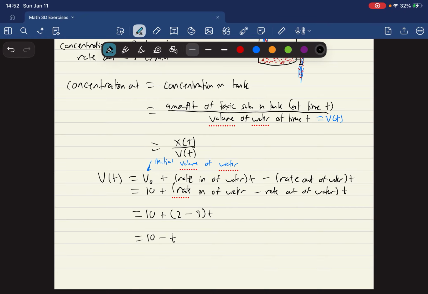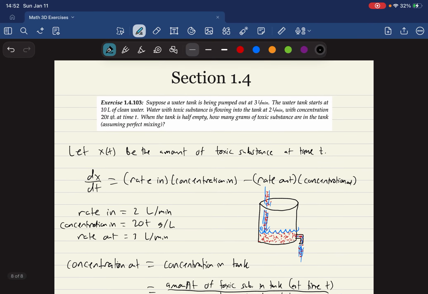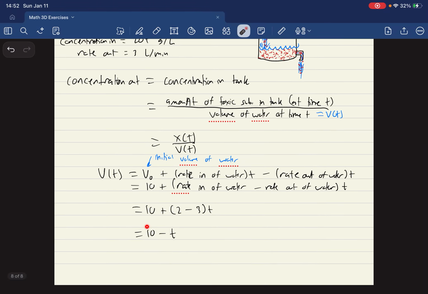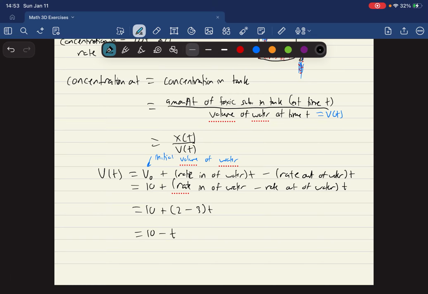At this point, I should make a comment that's going to be important for us in just a bit. So notice how this implies that the volume V of t becomes 0 at t equals 10.